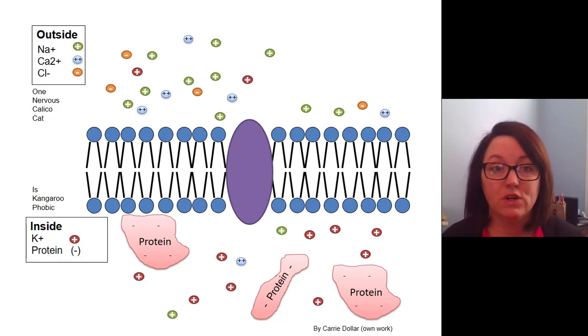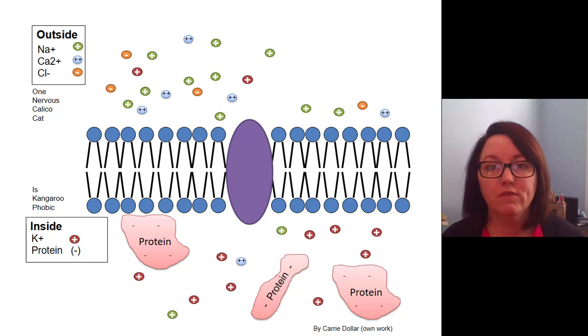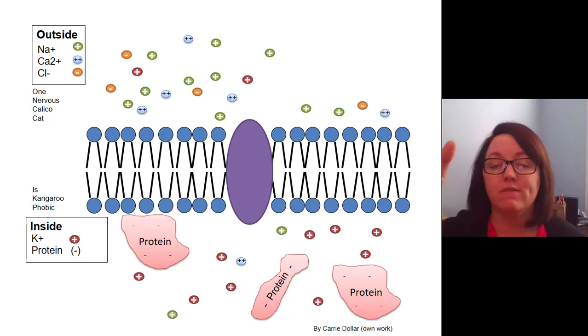On the outside of the neuron is where we typically find sodium, calcium, and chloride. On the inside of the neuron is where we typically find potassium and proteins. I say typically because that doesn't mean that all of the potassium is inside of the neuron. There will be some potassium outside, and not all of the calcium is going to be on the outside of the neuron. There's some calcium inside. But for the most part, this is the distribution.